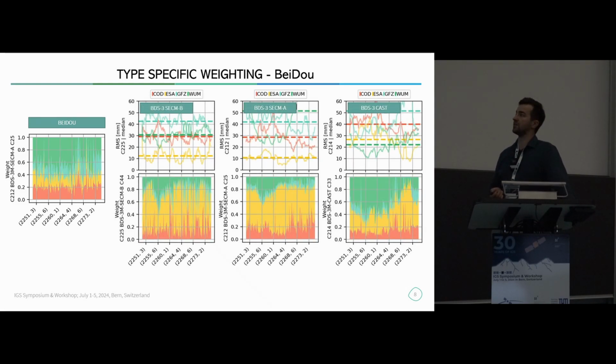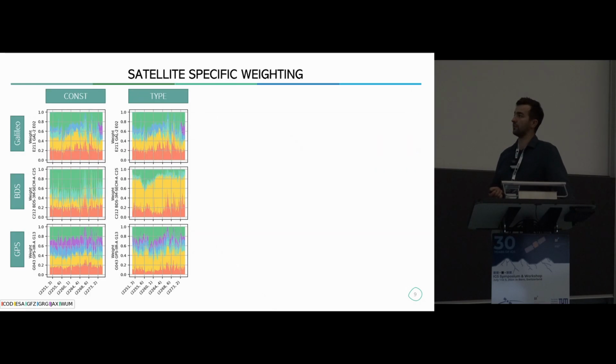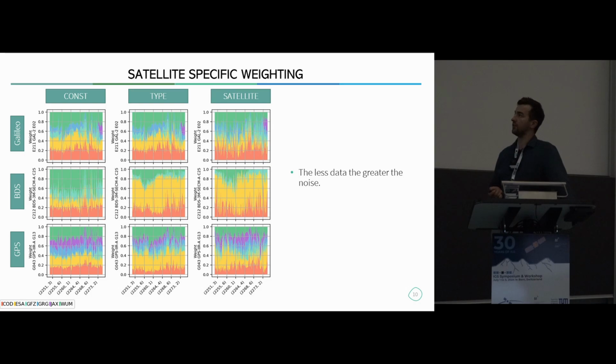The same applies for BeiDou. Here is the constellation-specific weighting, and after splitting into the subtypes. These are not all the subtypes of BeiDou satellites, just examples.